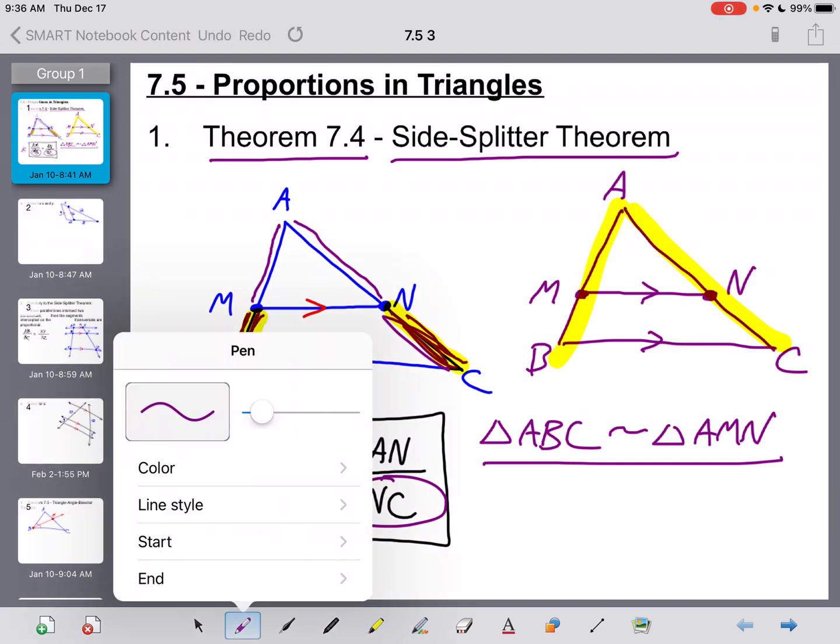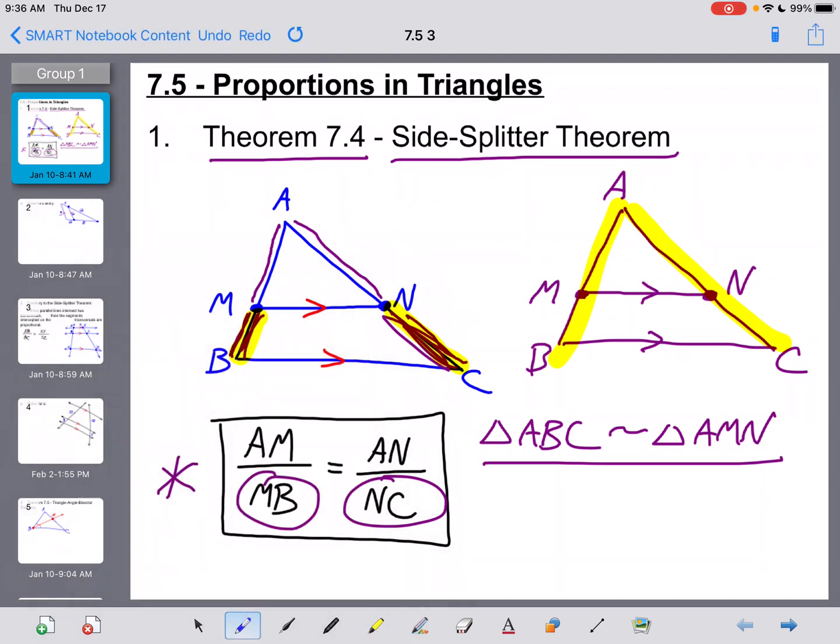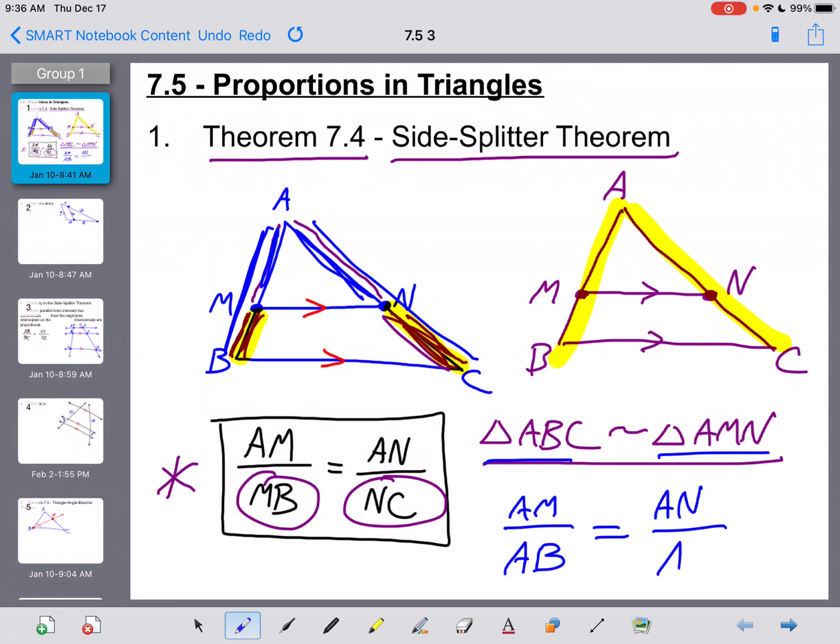So in a way, we really don't need this theorem, because we already knew from this statement that the ratio of line segment AM, the left side of the small triangle, compared to the measure of AB, the entire side of the left triangle, is equal to AN, the top right piece, compared to AC, the entire right side.